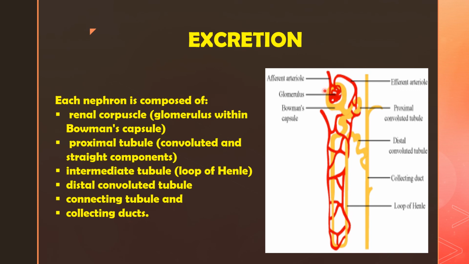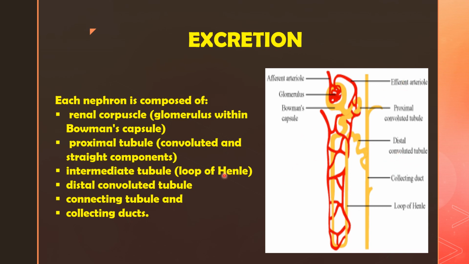The glomerulus is, you can say, a reticulum. Next one is the proximal tubule, convoluted and straight components. See in the diagram, that is the proximal convoluted tubule, the nearest one. And this one is the distal convoluted tubule.